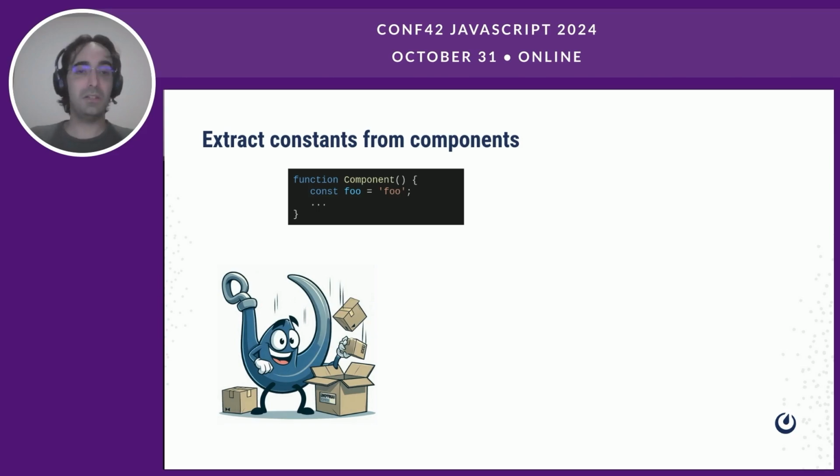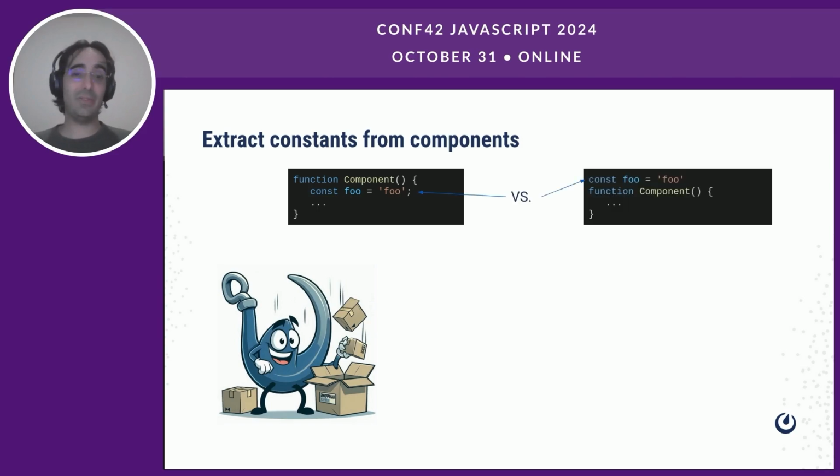For example, this constant can go out of the component. It doesn't need to be there. Why would you do that? Fewer dependencies. Now you make sure that anything that depends on that doesn't need to go into the dependencies array, because it's outside of the component. It's not going to change between renders.